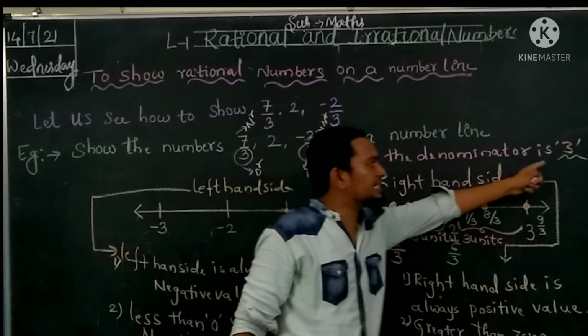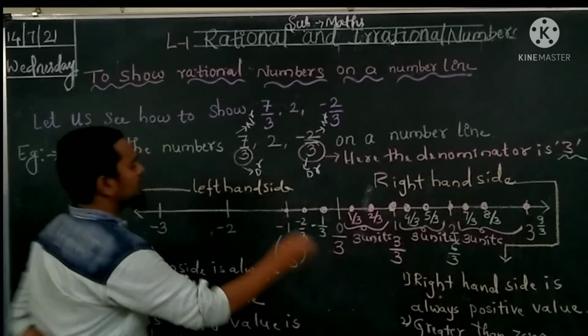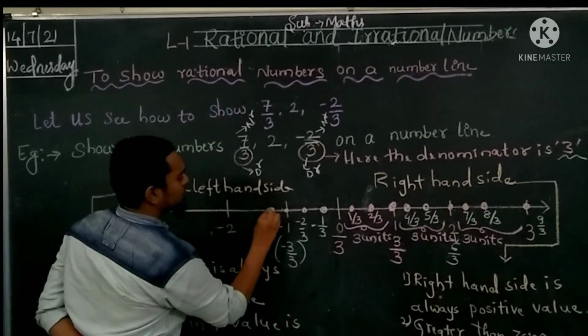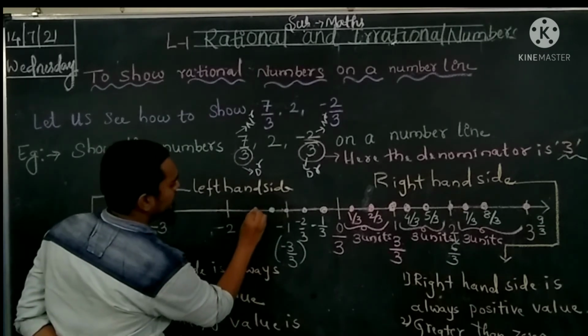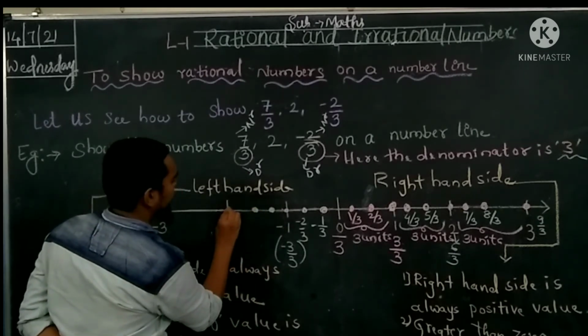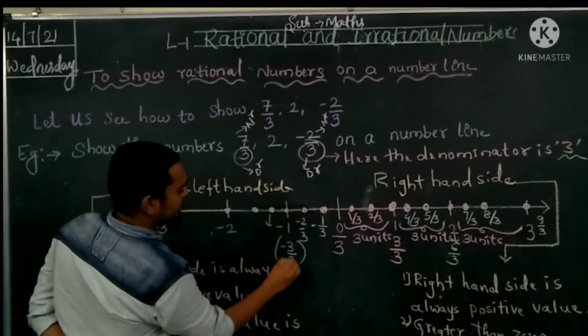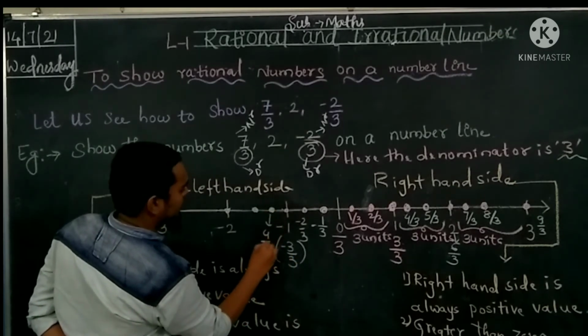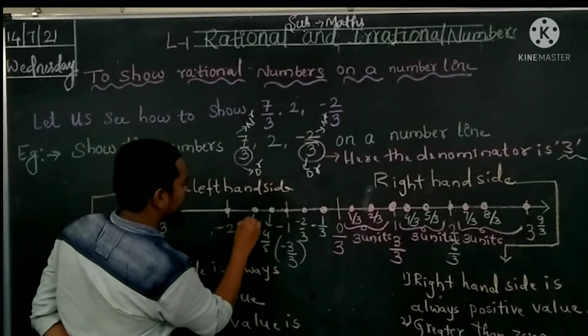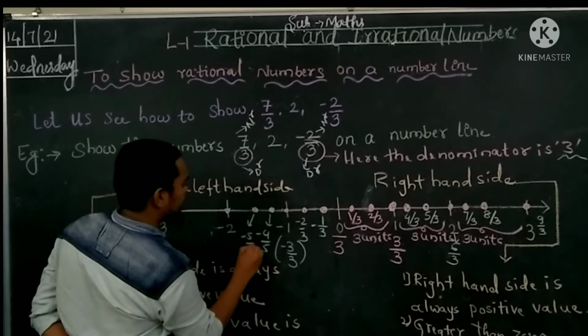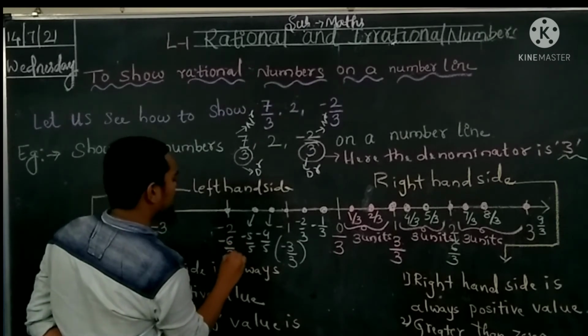Because the denominator is given as 3 units. First point, 1 point, 2 point, and this one is 3 point. Here minus 3 upon 3, minus 4 upon 3, and minus 5 upon 3. And here minus 6 upon 3.